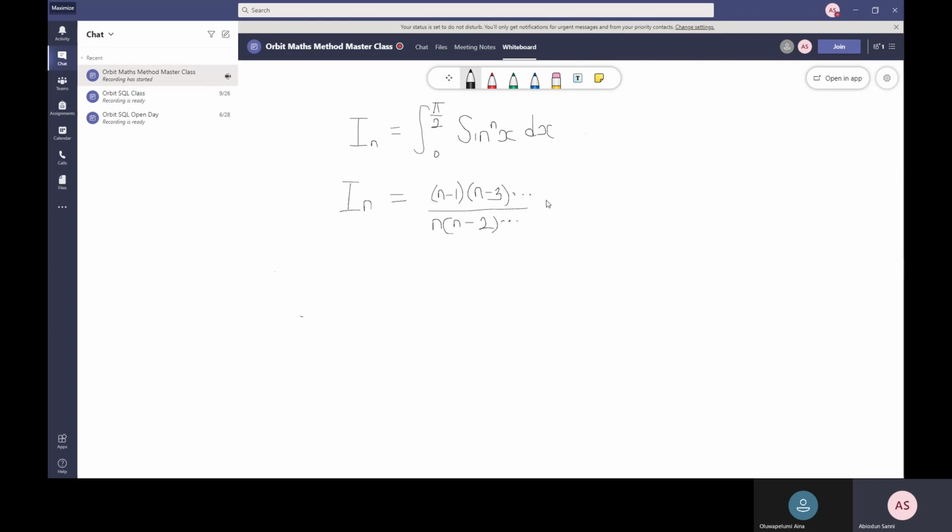The numerator and denominator we keep reducing by 2, times p.